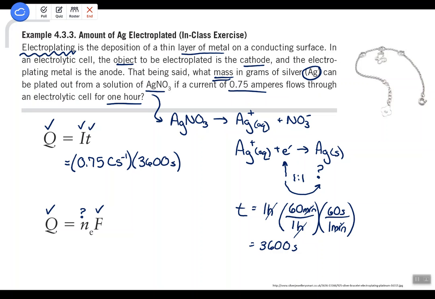This is the time in seconds that I want to put in to solve for charge. And this gives me 2,700 coulombs of charge that will pass by in this 1 hour. I can now use my second equation to turn charge into the number of moles of electrons.